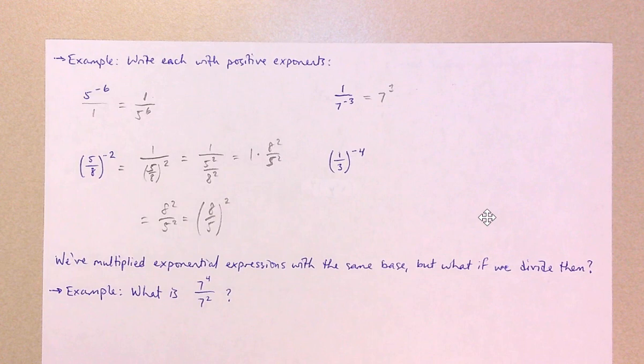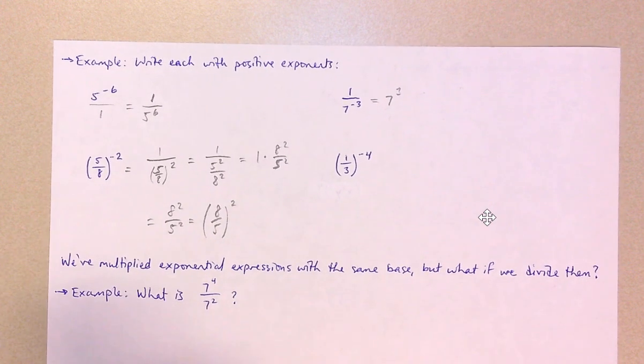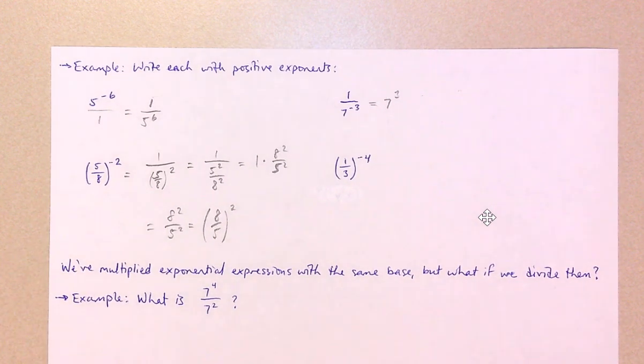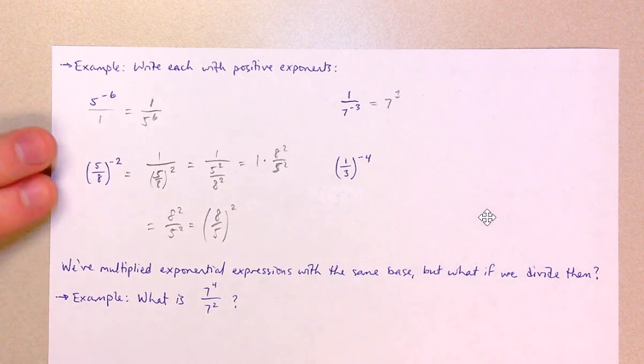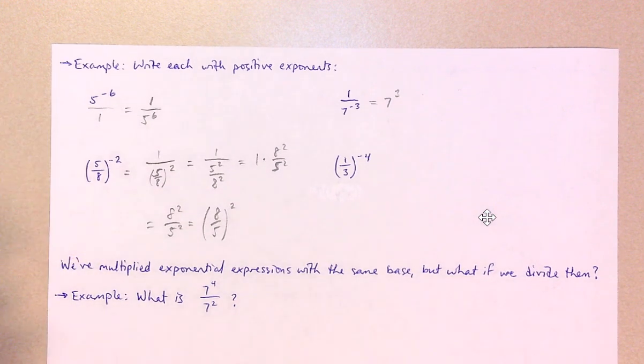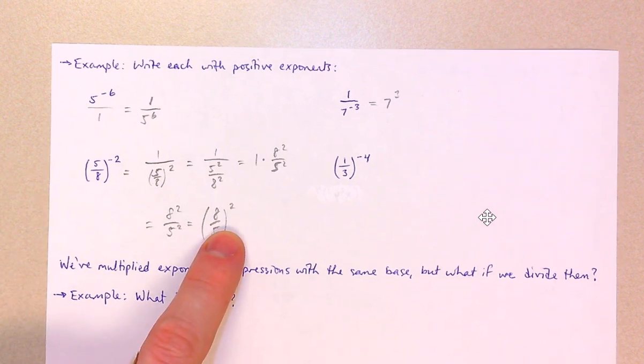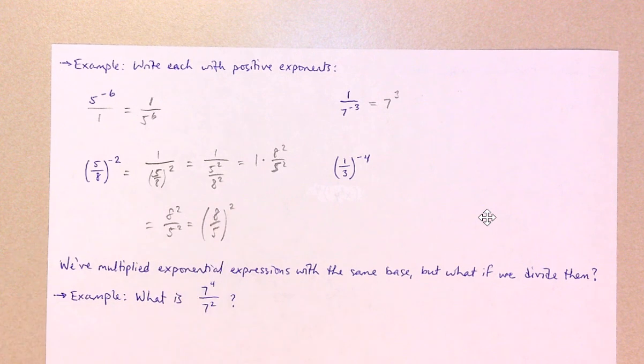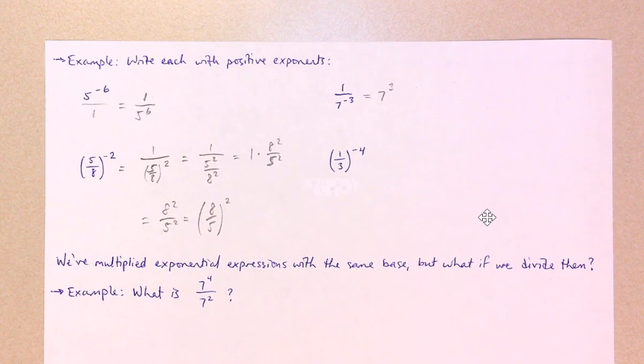So we see that when our base is a fraction, if we just take the reciprocal of our fraction and flip the top and bottom, that will make the exponent positive. That will remove the minus sign that we have there.